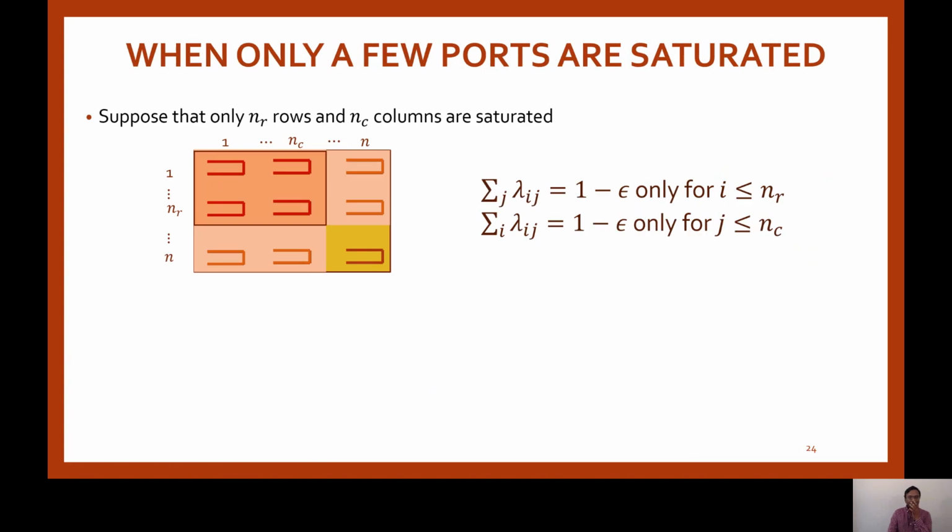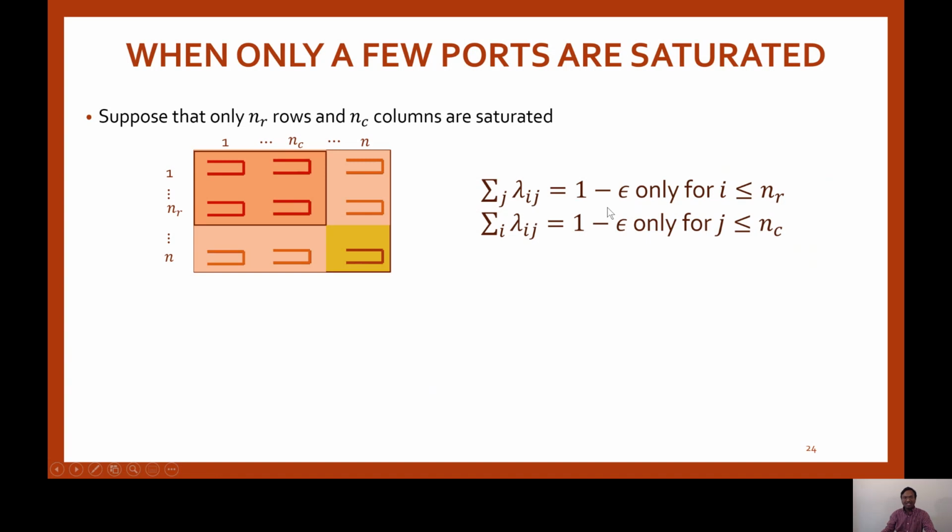Okay. Now I'm going to talk about the setting. I said that when complete resource pooling is not satisfied, we have two or more ports that are saturated. So far, I looked at the case when all ports are saturated. Now let's look at the setting when a subset of rows and columns are saturated. There are NR rows, the first NR rows, and NC columns, the first NC columns, where the total arrival rate approaches 1 in the limit.